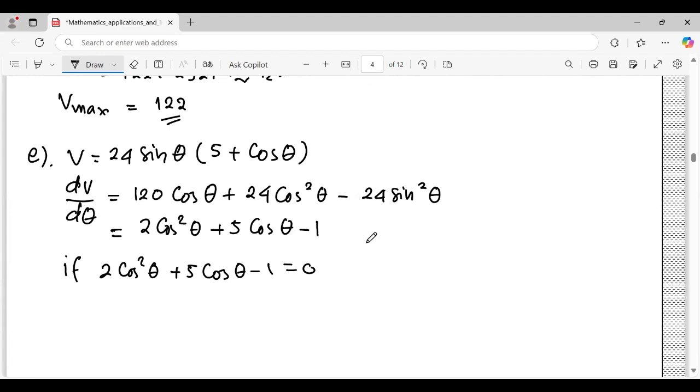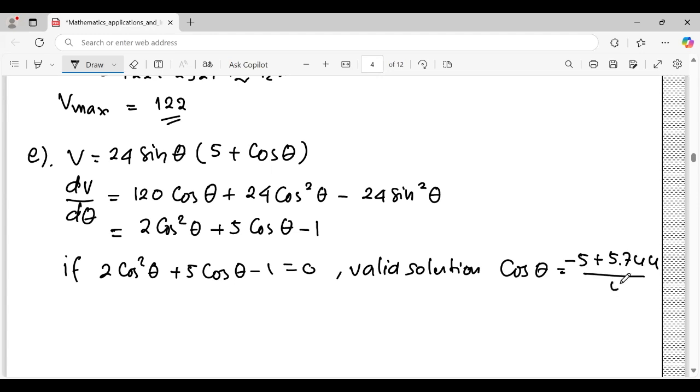The valid solution is cosine theta equals minus 5 plus 5.744 over 4, and this is 0.186. This is the valid solution.